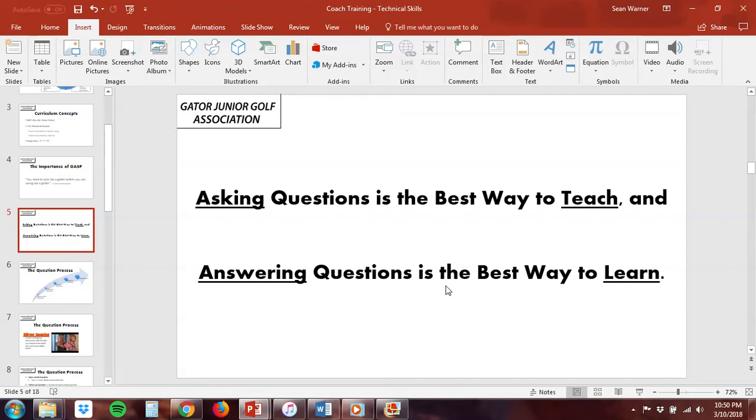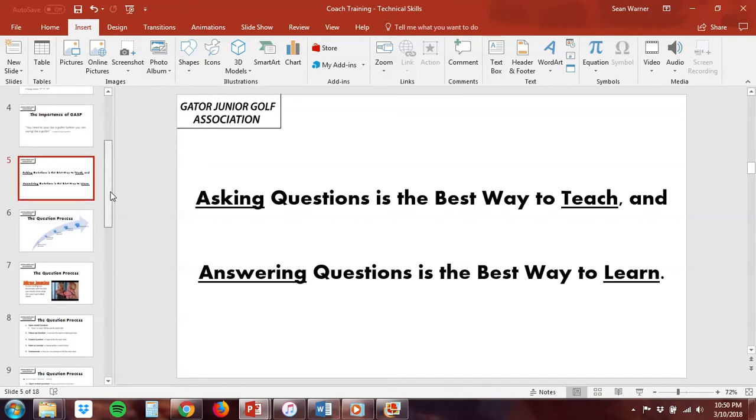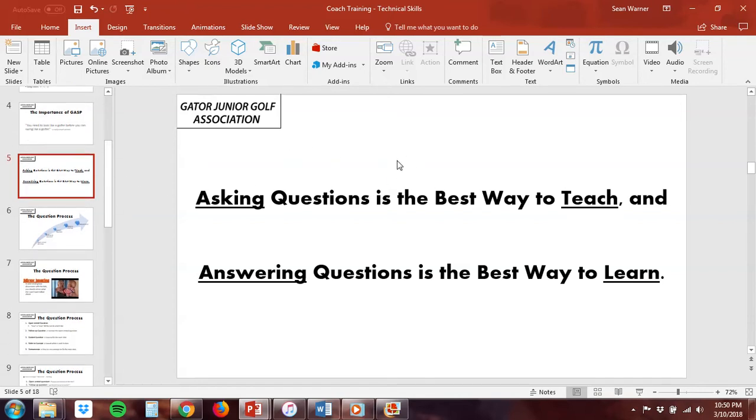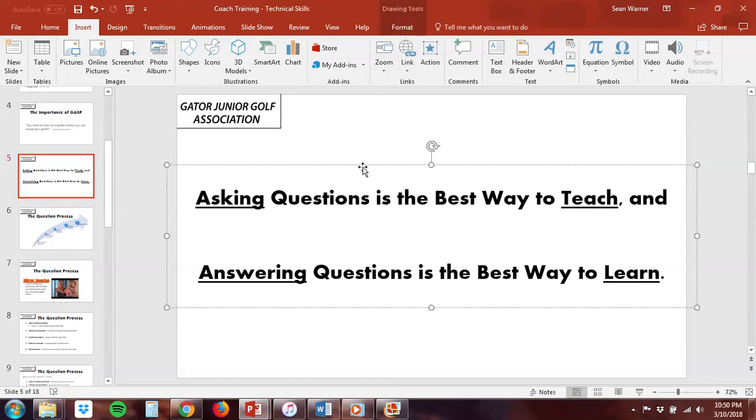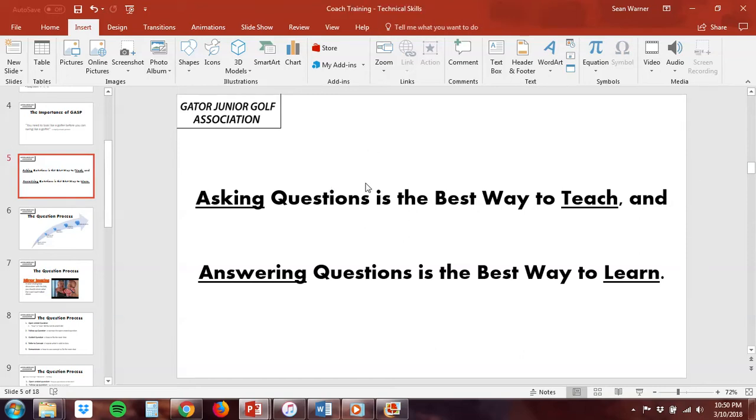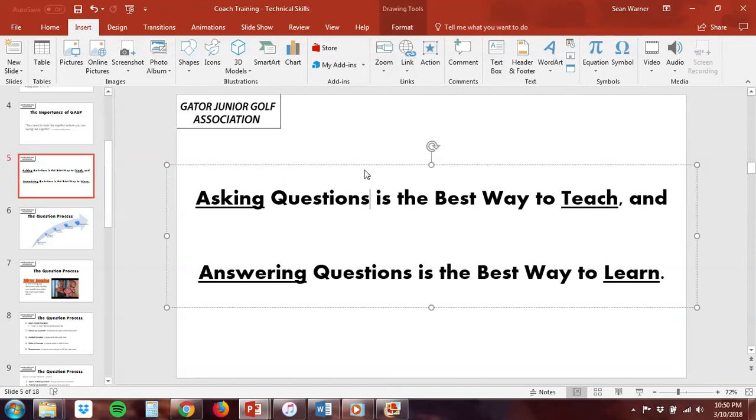If a student hits a good shot, follow up with a question. We'll talk about the questioning process, but that's really important because if you want your small group students to really get the most out of the session, asking good questions is what separates a good coach from just an okay coach.